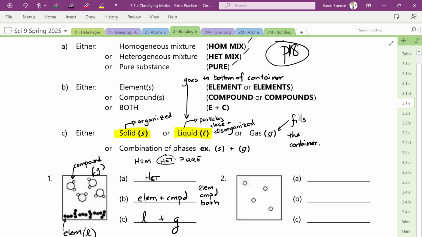Okay, so the easiest way to do it is to just put it in. Does that make sense? How many things should this have? One.